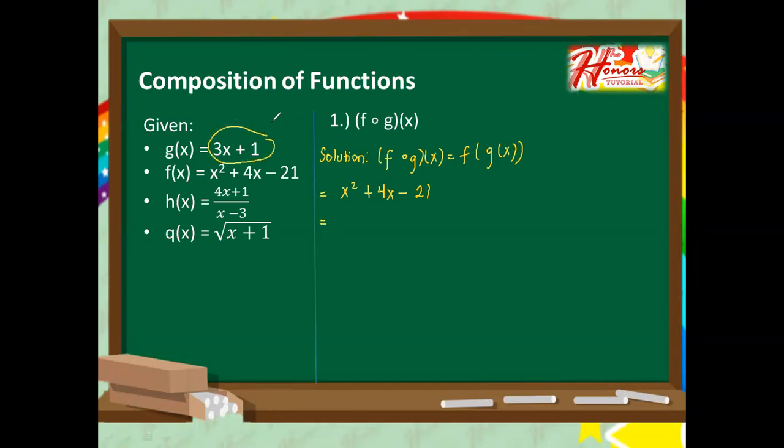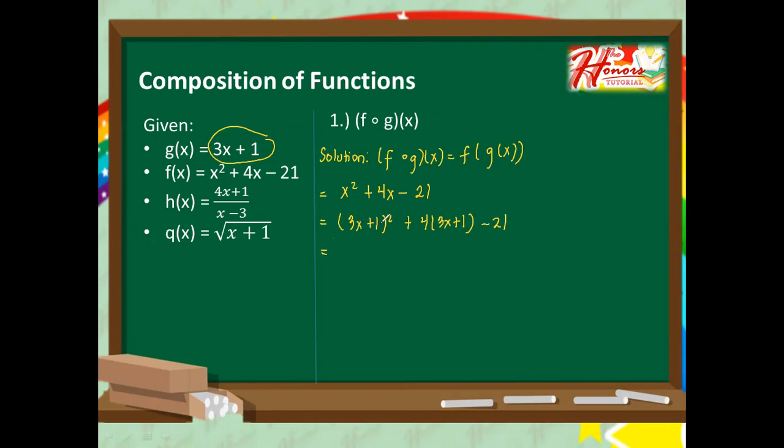You're going to substitute the value of x to your equation. So we are going to have the quantity of 3x plus 1 squared plus 4 times the quantity of 3x plus 1 minus 21. And then we are going to continue solving.